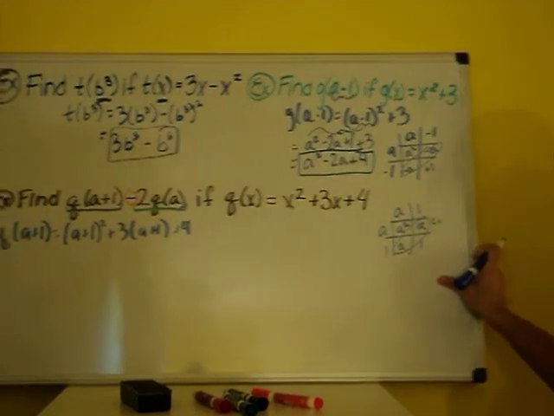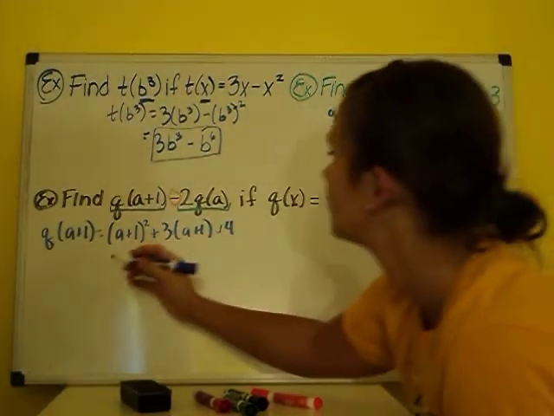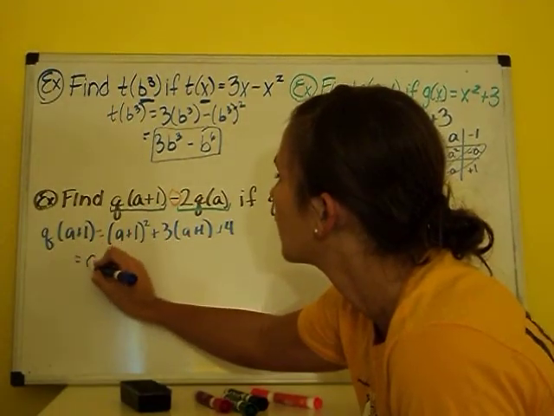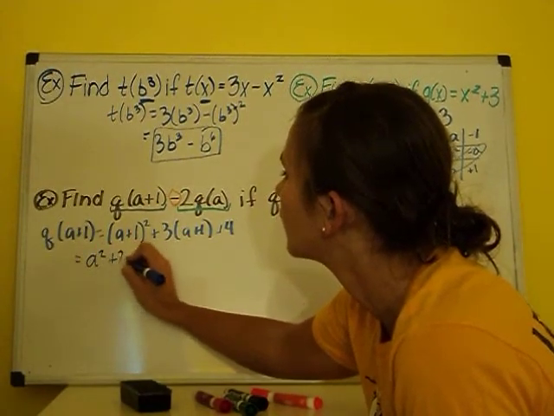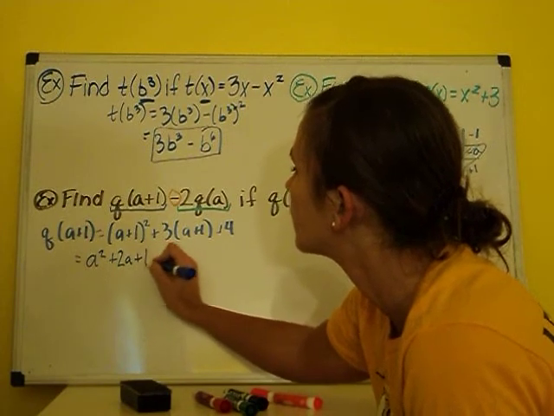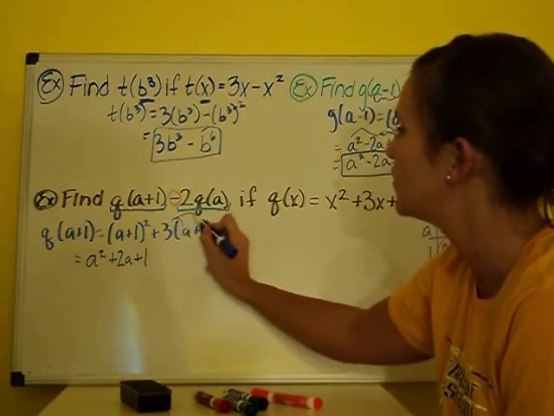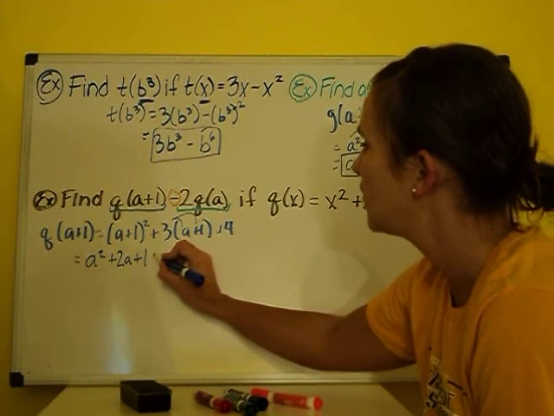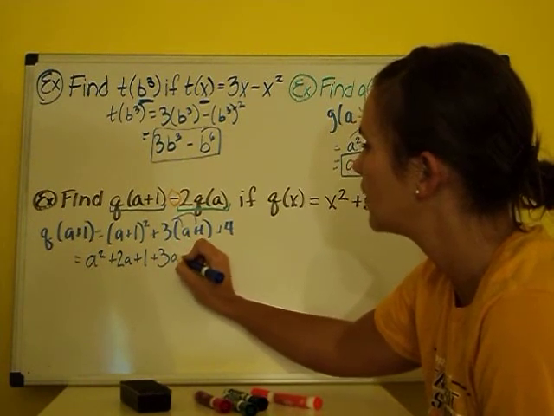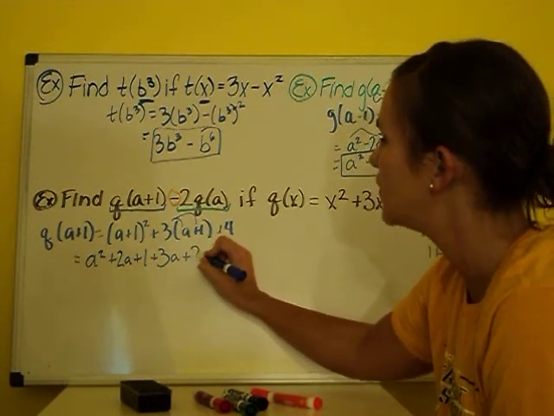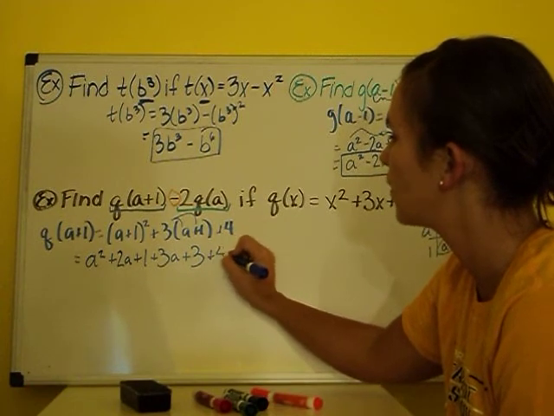So we're going to get a squared plus 2a plus 1. This right here, all we have to do is distribute. So 3 times a is 3a. 3 times 1 is 3, and then we have this plus 4.